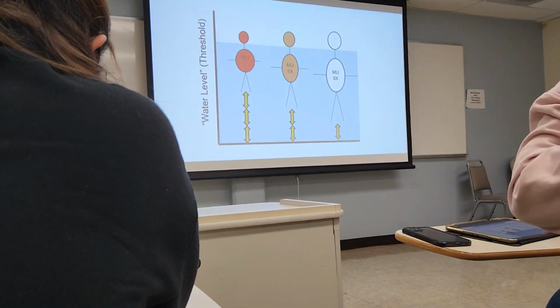What if we increase the intensity of stimulus again? Now what would happen? The 2Xs would turn on, the 1s are firing even faster, and now the 2As that were just kind of on before, now they're working even harder, okay? So imagine this level of water in the pool as the forces, the threshold of forces required to turn on certain types of muscle fibers.